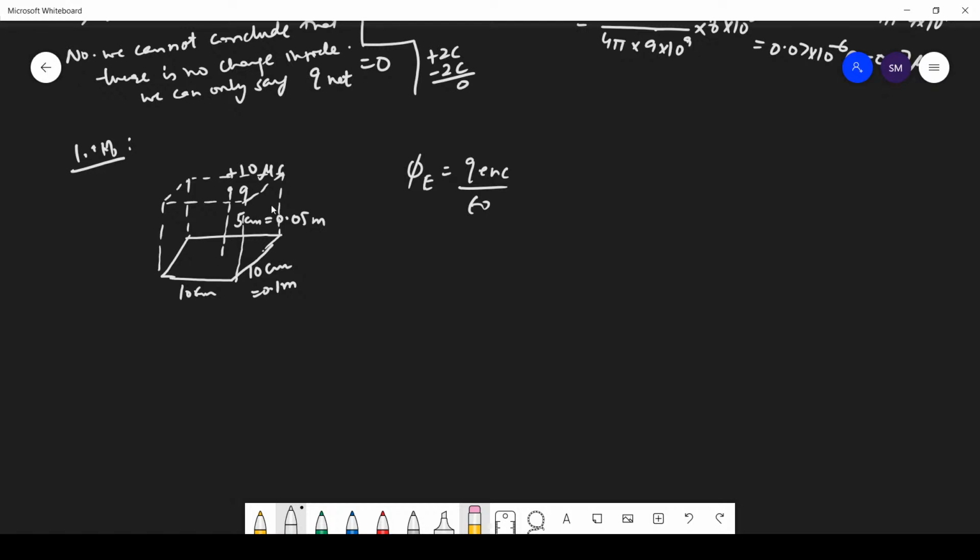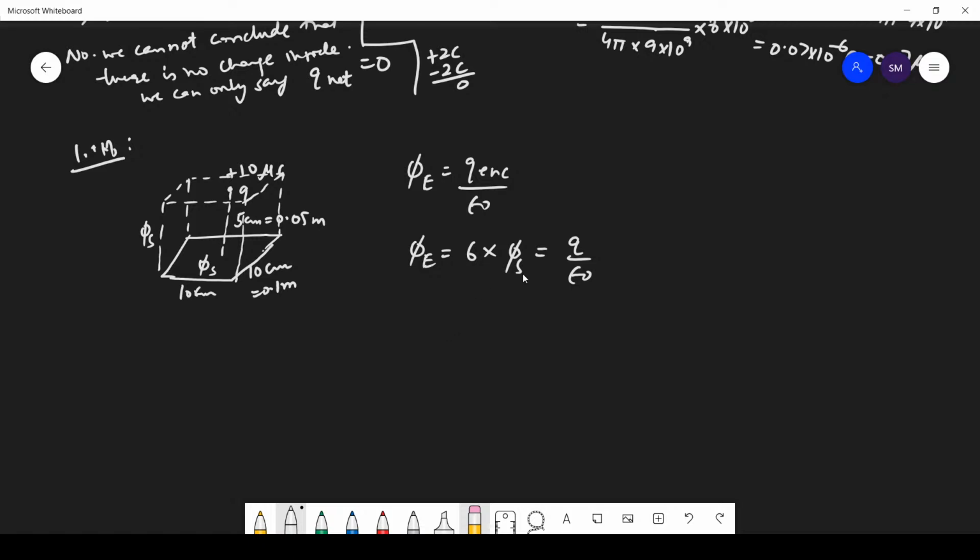Here all the 6 faces are identical and equal flux will go out from all the 6 faces. So let the flux through one of the faces be phi s. So the total flux will be 6 into phi s, and that's equal to q by epsilon naught.